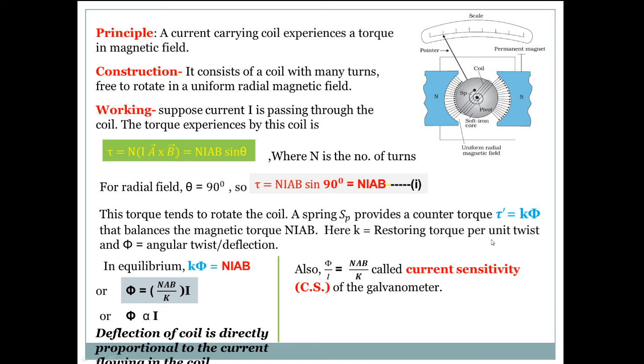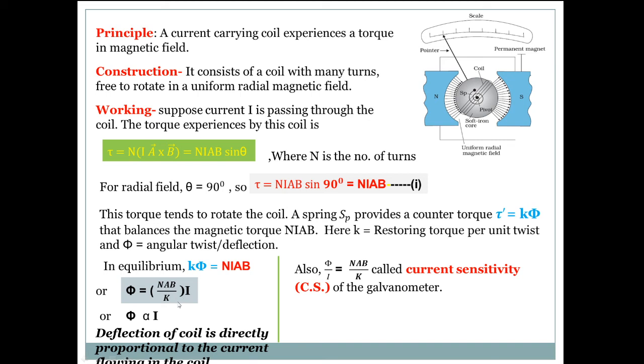Here K is the restoring torque per unit twist, also called the torsion constant, and phi is the angular twist or deflection. So in equilibrium, K phi is equal to NIAB, or phi equal to NAB by K into I. For a given galvanometer, this term is constant.